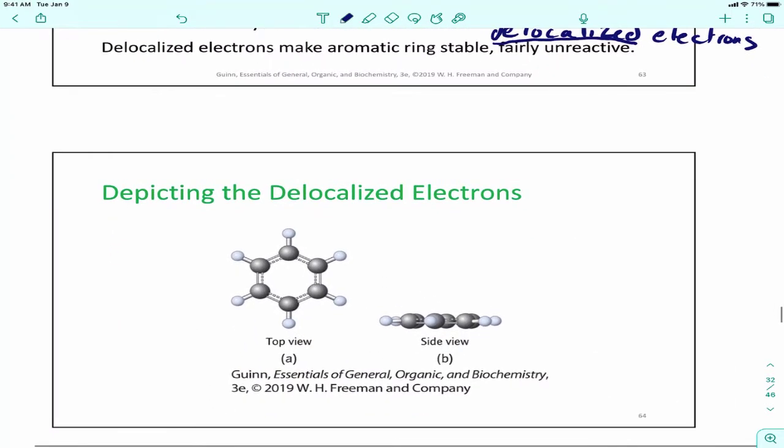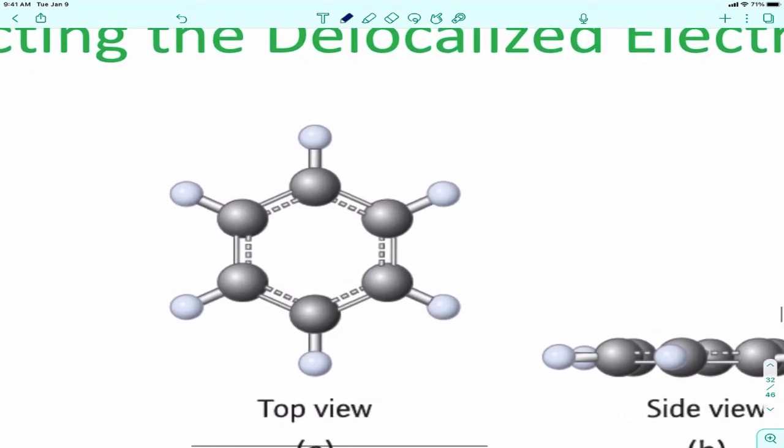The way the delocalized electrons look, it's almost like these electrons are going around in a circle.